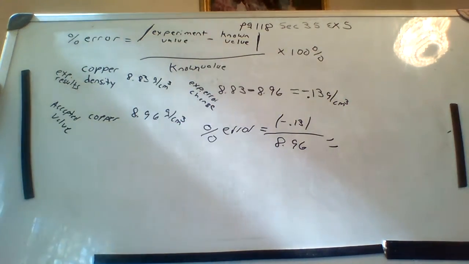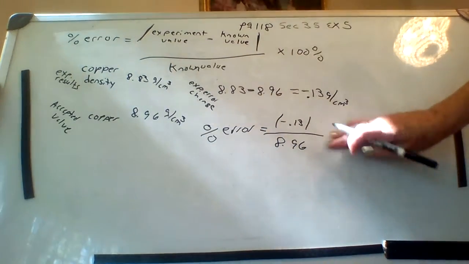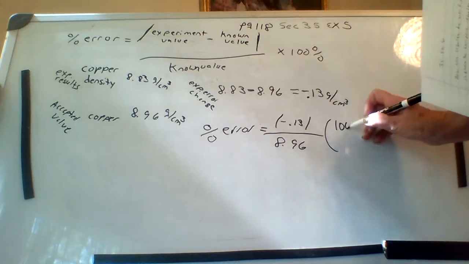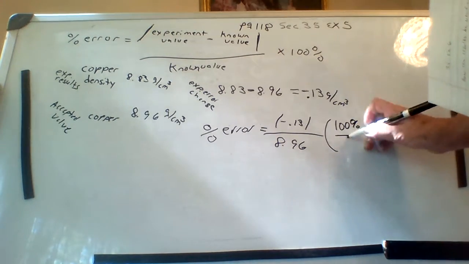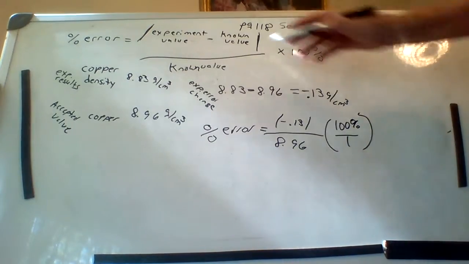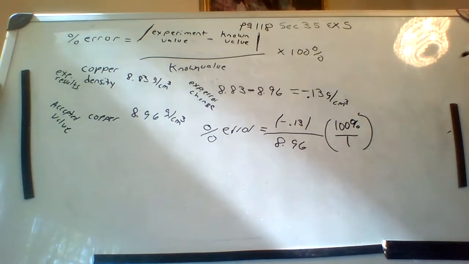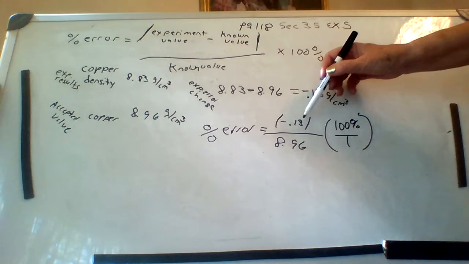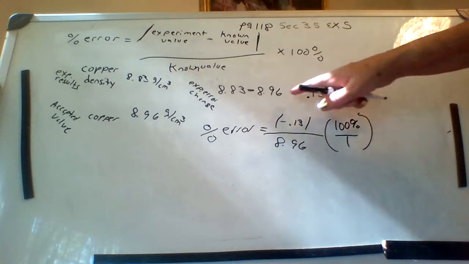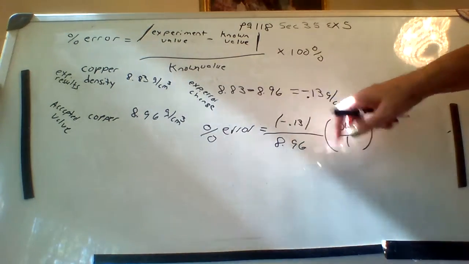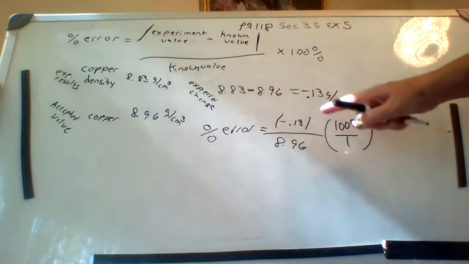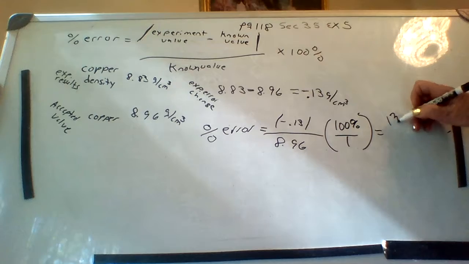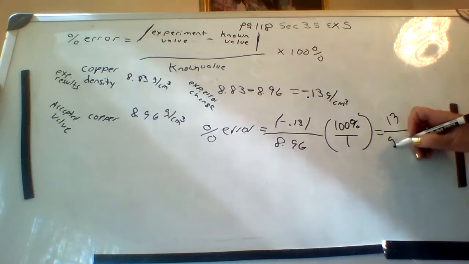And you're going to multiply that by 100%, right? Because that's the formula. Well, when you multiply this by 100, what happens to this decimal? It moves over 2 places. And the absolute value of a negative number is positive. So you're going to end up getting positive 13 over 8.96.